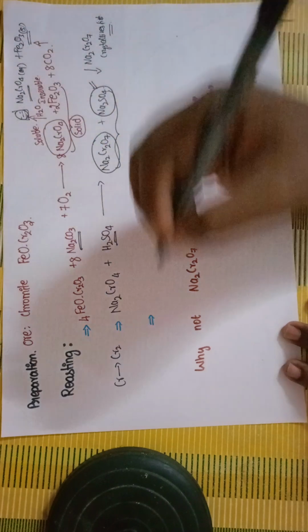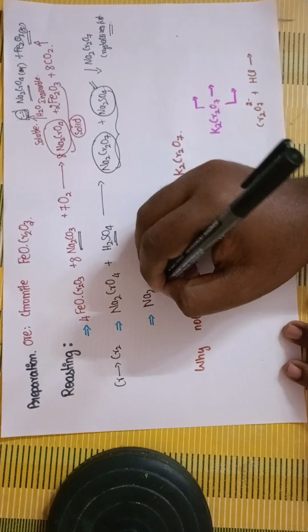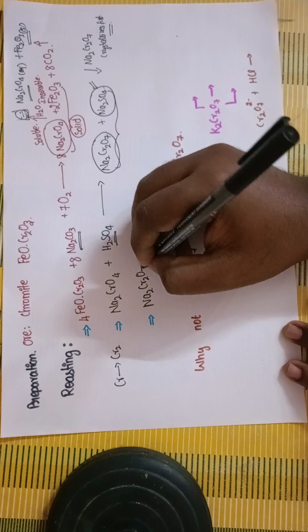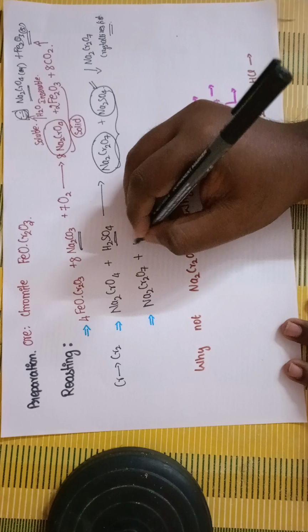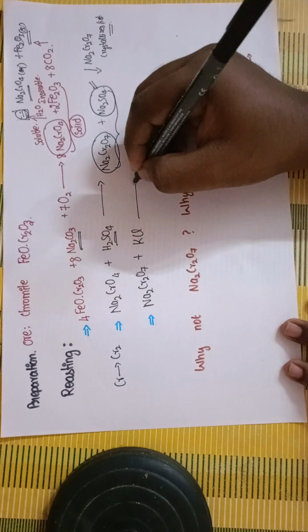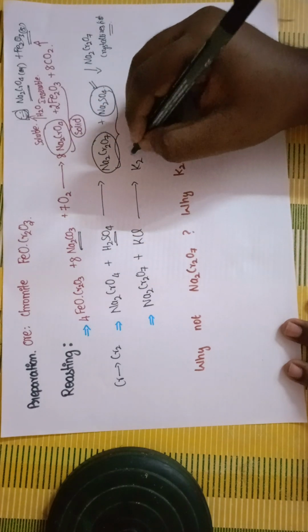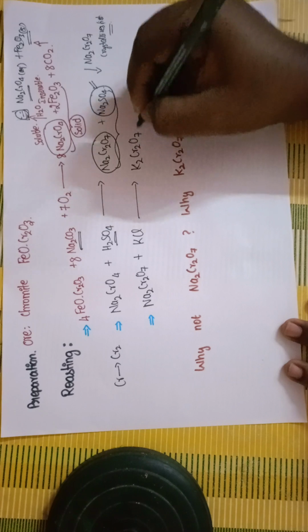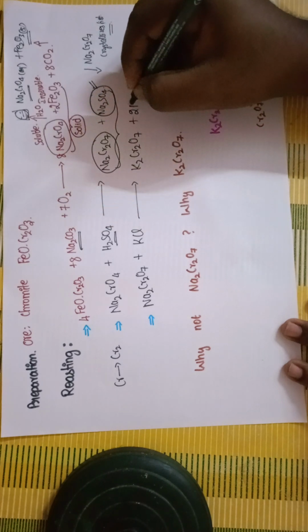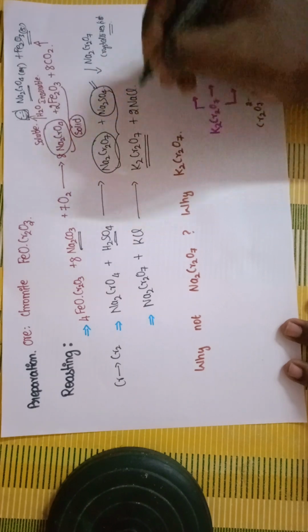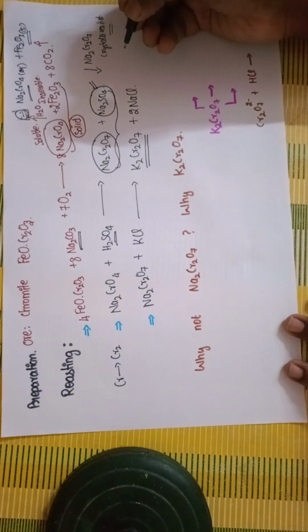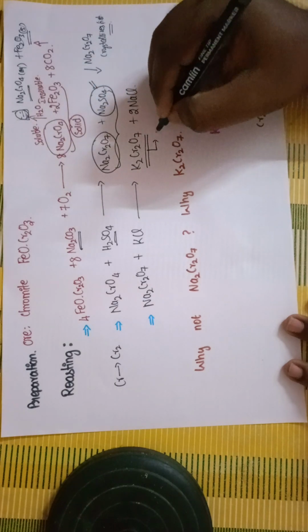So the sodium dichromate should be treated with potassium chloride. It leads to the formation of K2Cr2O7, potassium dichromate, and 2 moles of sodium chloride. Finally, we obtained potassium dichromate.